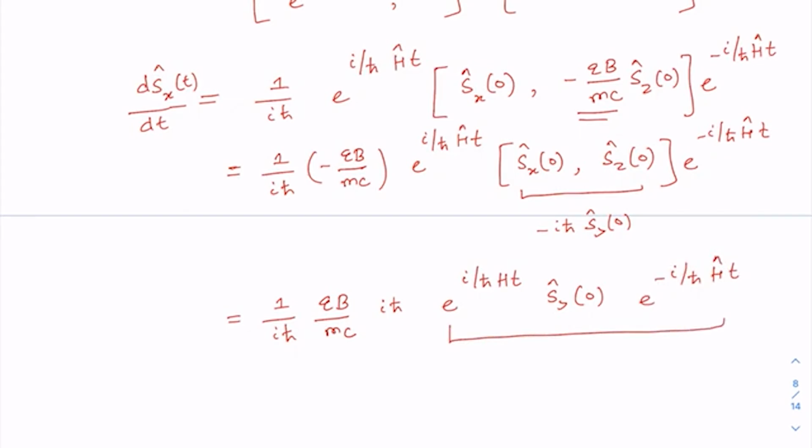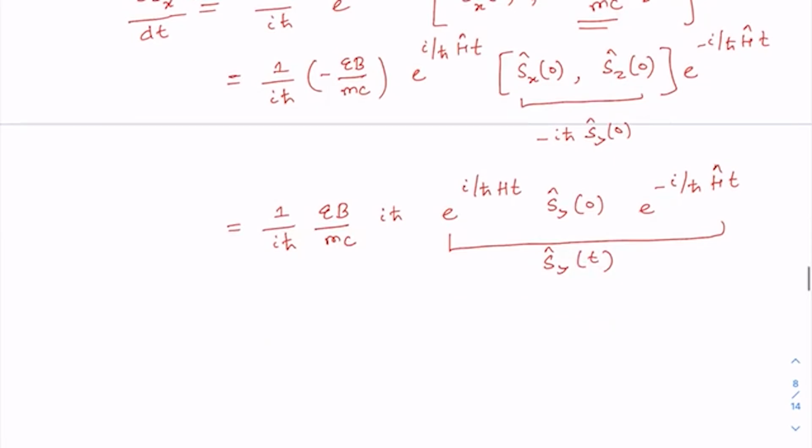And this is nothing but the Heisenberg representation of the y component of the spin operator, Sy(t). So I have here qB by mc Sy(t).